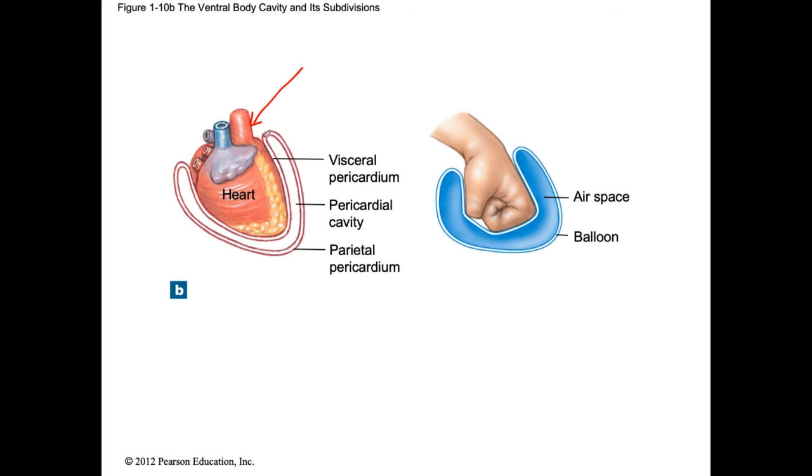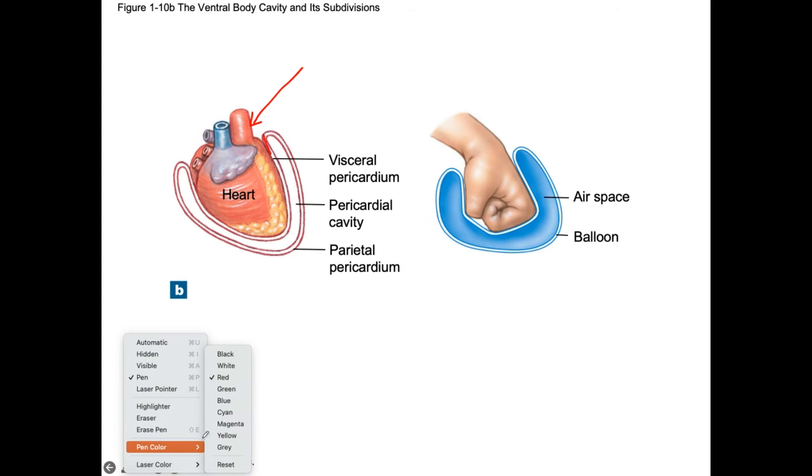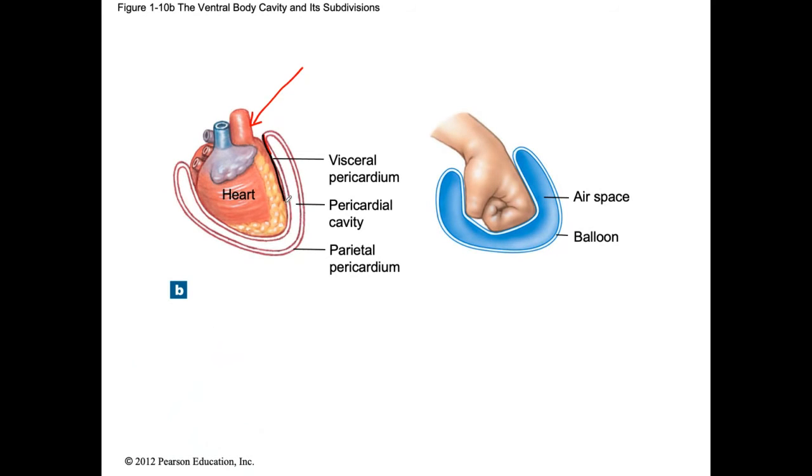And we can see that there is, let me change the color here, let's change it to black. So here we have a layer that comes into contact with the viscera or with the organ, and then there's a side here that does not come into contact. It's the outer portion.